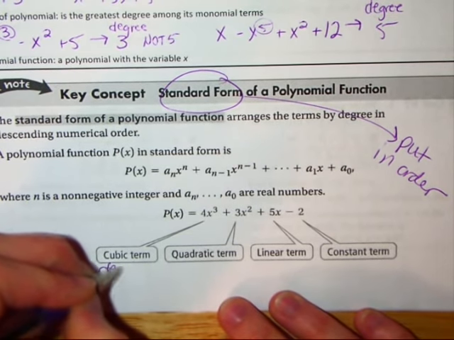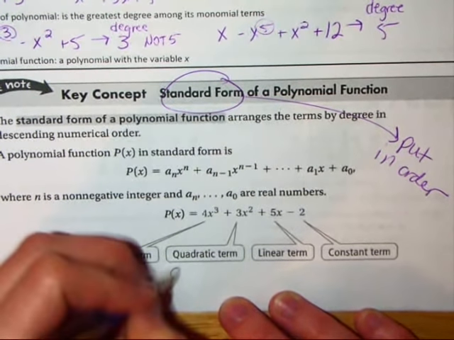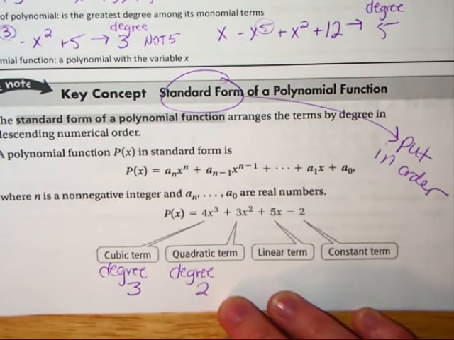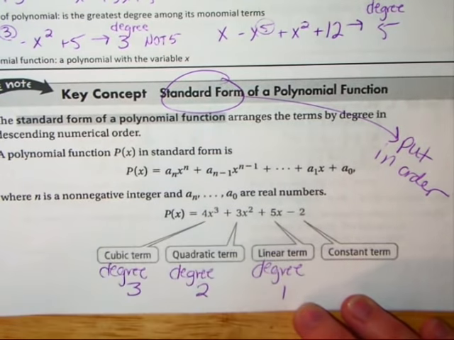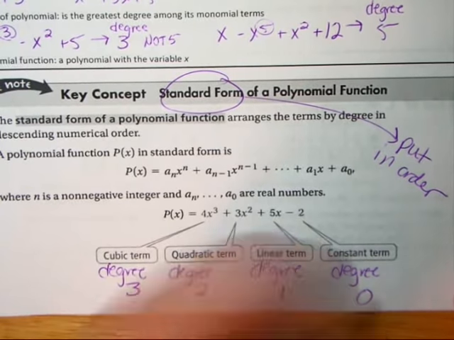Cubic means the degree is 3. Quadratic means the degree is 2. Linear means the degree is 1. And constant means the degree is 0.